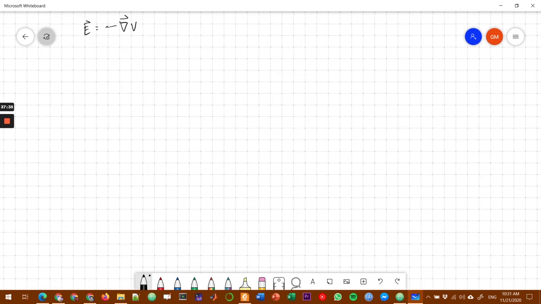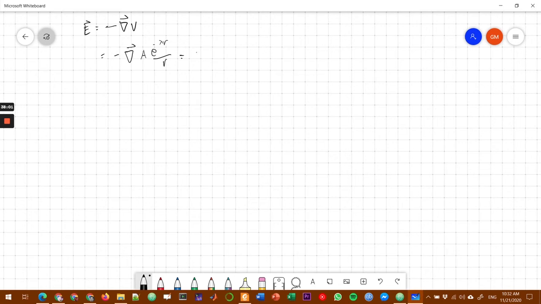Right? It's negative. So we have negative del. Our equation for the potential is just A e to the negative lambda r over r. Right?